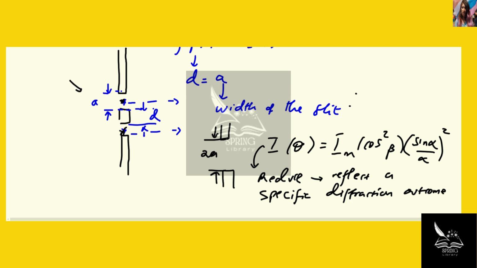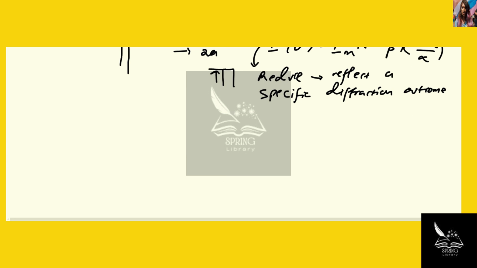If we have two slits coming together to form a single slit, there's a specific equation that collapses, and forms a new equation that reflects a specific pattern. So we want to see that. Given that equation, we know that beta equals pi d over lambda sine theta. Remember, d is the gap between the two slits and lambda is the wavelength.